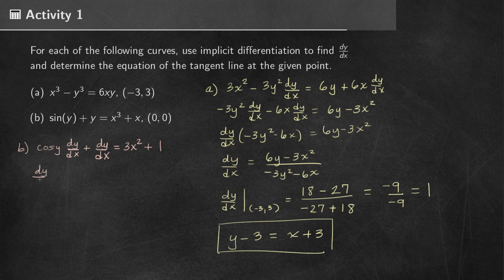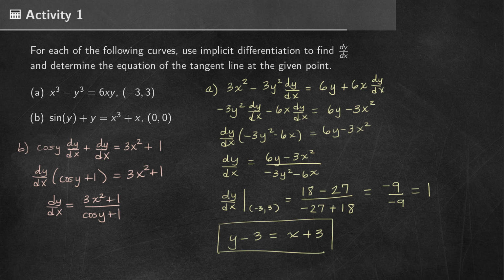Factoring out dy/dx leaves cosine y plus 1, and we'll divide both sides of the equation by cosine y plus 1, leaving dy/dx equals 3x squared plus 1 over cosine of y plus 1.